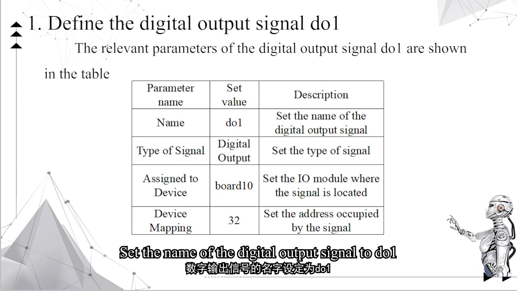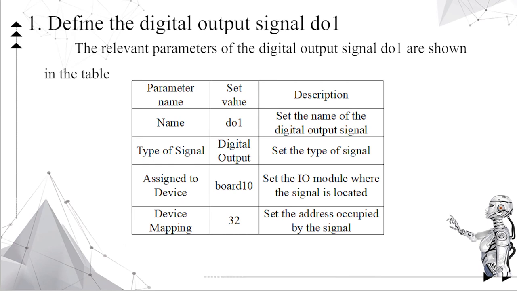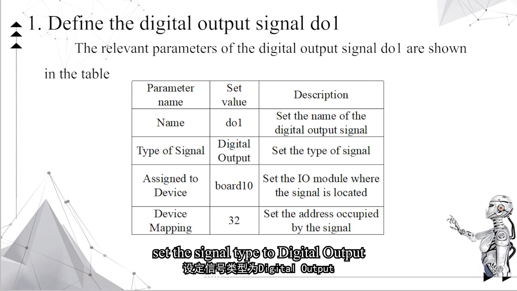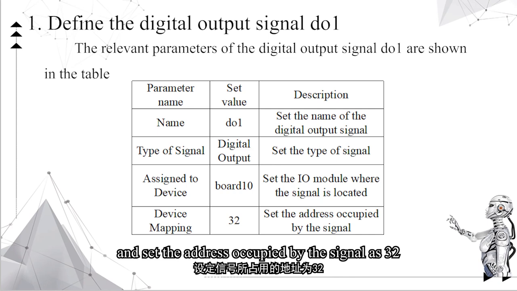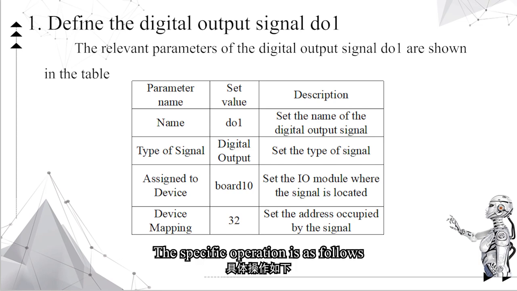Set the name of the digital output signal to DO1, set the signal type to digital output. Set the I/O module where the signal is located to board 10 and set the address occupied by the signal as 32. The specific operation is as follows.